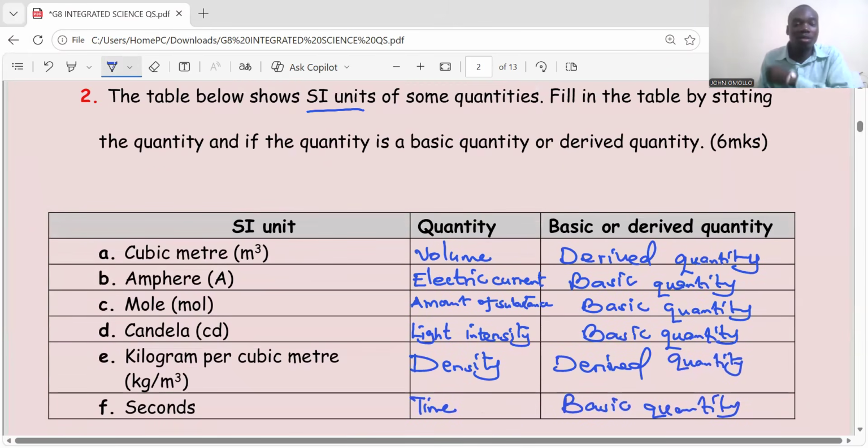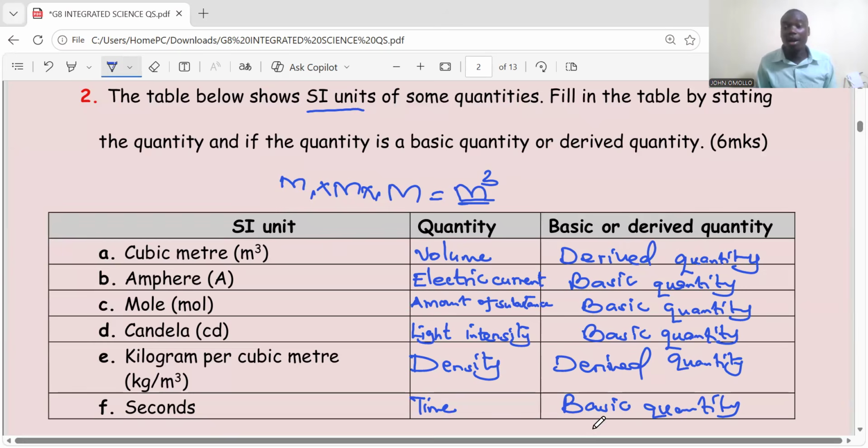Just providing the quantity. Cubic meters, that is the measurement for volume. Remember, for us to find volume, we must have one measurement in meters, another one in meters, and another one in meters. So when these are multiplied together, they bring us what? Cubic meters. So in other words, derived quantities must be calculated from 2 or more measurements. But basic quantities, their units are already known.